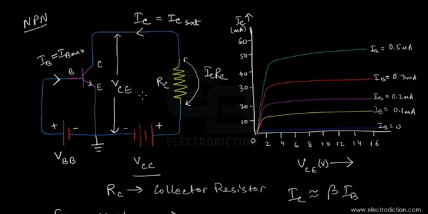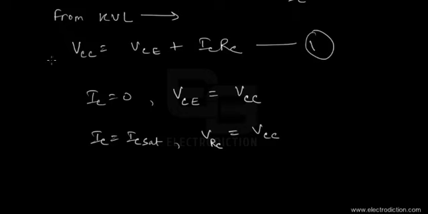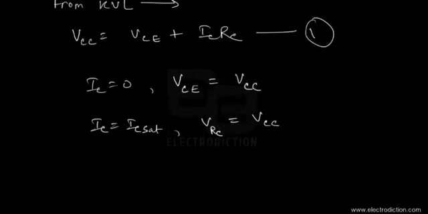Okay, so these conditions that I just discussed are the two basic characteristics which we can obtain at the two extremities of the load line. So I'm going to show you how we can obtain that. If you put all these conditions in equation 1, let's put in equation 1 IC equals 0, and see what we get for VCC.